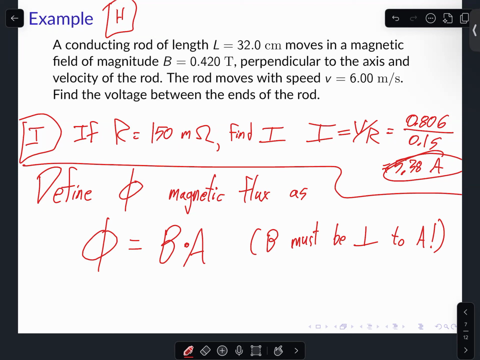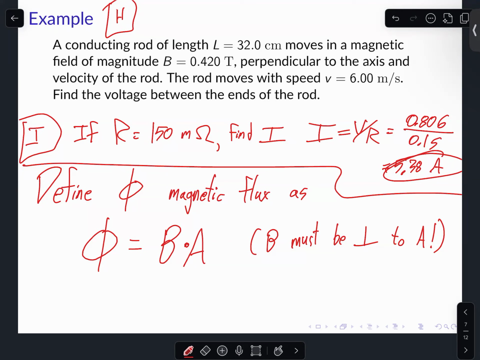It is the product of field and area. And in particular, we're going to look at the area being surrounded by wire. The area is the area subtended by some wire loop or loops. Phi is the dot product of B times area. B a sine theta if you're, B a cos theta if you're good at trig.